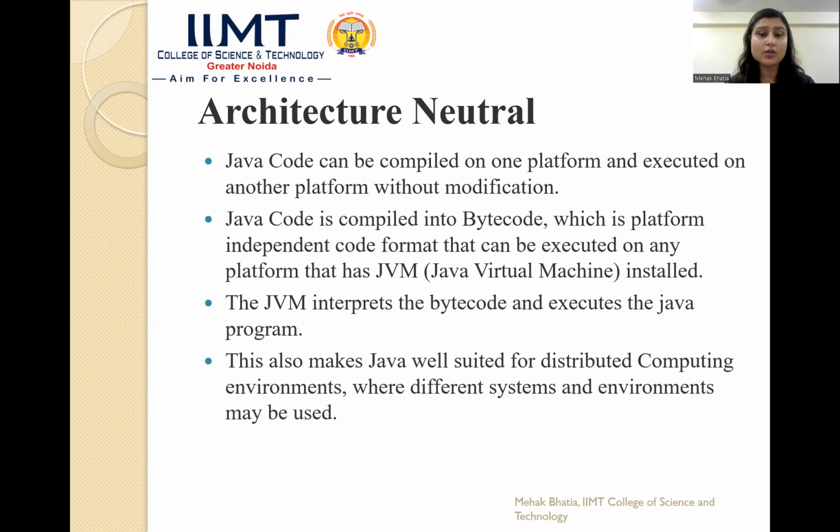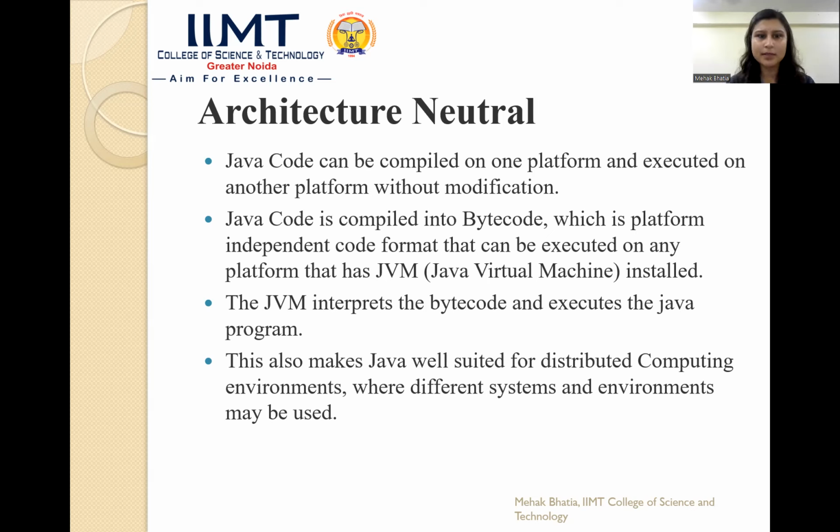Java code can be compiled on one platform and executed on another platform without modification. So we can compile the code on one platform, and that compiled code can be executed on any other platform without modification or changes, which makes Java architecturally neutral.